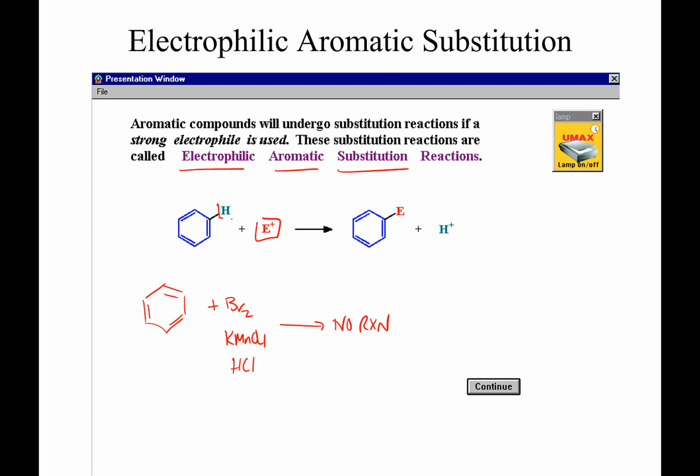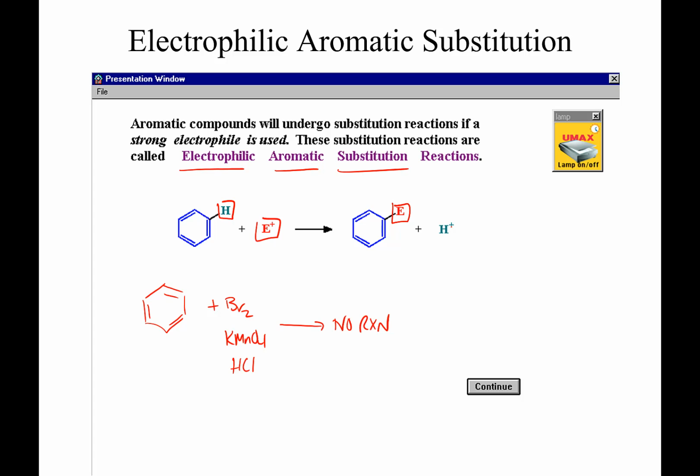It is going to substitute for one of the hydrogens on the benzene ring, so that I end up doing a substitution reaction where basically I'm substituting with one electrophile and I'm forming H+, the other electrophile. So this is electrophilic aromatic substitution.